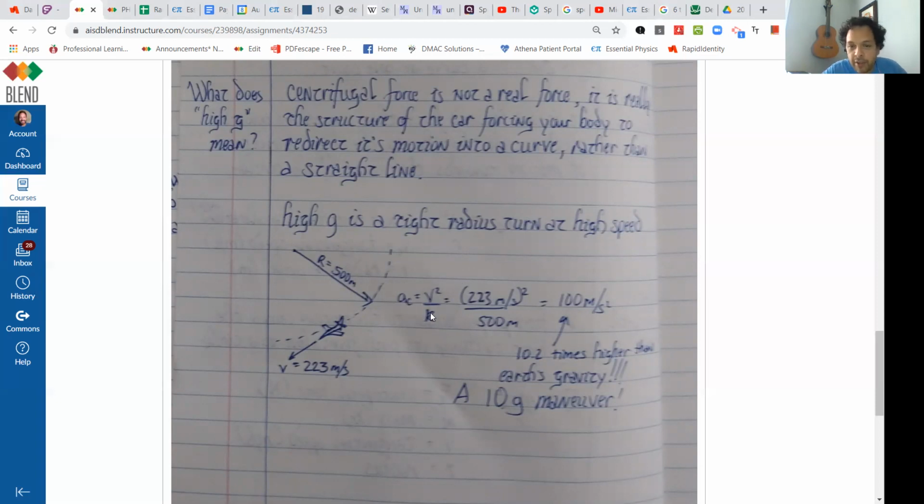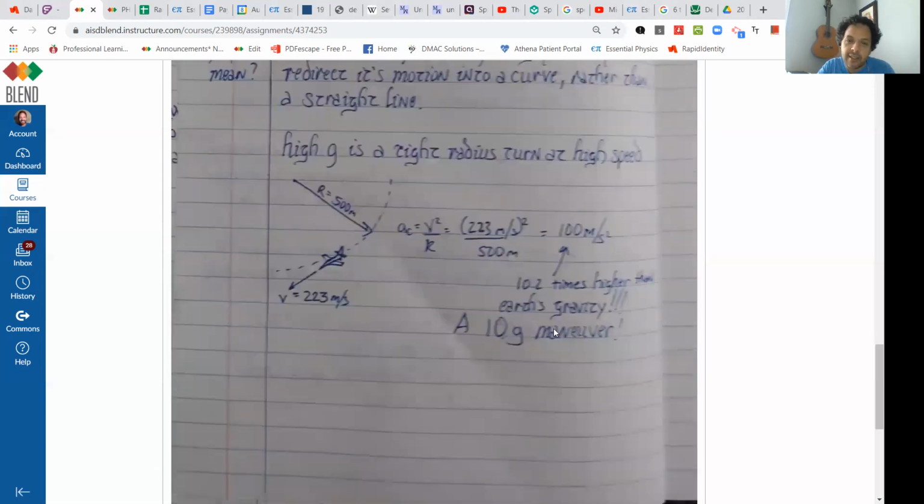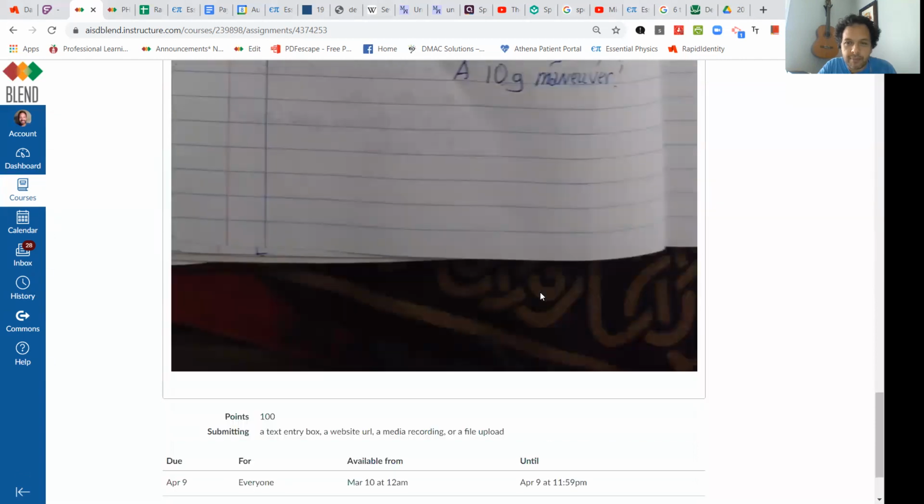The bigger the R, the smaller the A. If you have a small radius, a tight turn, you're going to get a larger acceleration, a larger force, and that's when you get into high G's. So these jets going really fast and turning really fast, you can feel the force of the gravity, large gravity, high G's, when that happens.